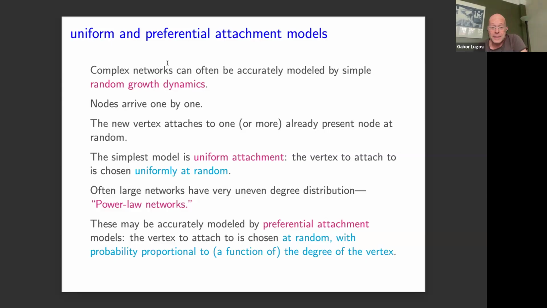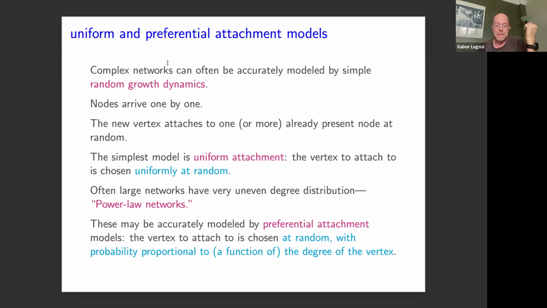The simplest model is uniform attachment, when a new node attaches to a uniformly chosen vertex at random, or several vertices.